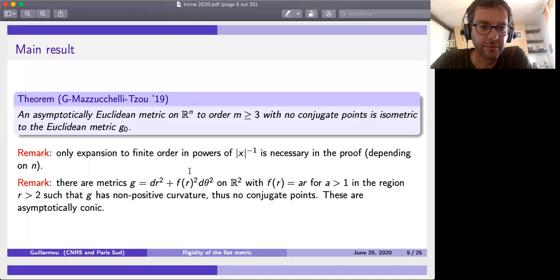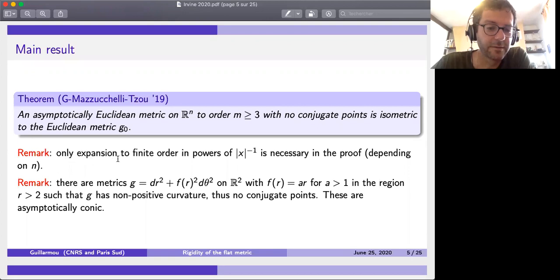It's a kind of rigidity. It means you cannot have a metric which looks like Euclidean space near infinity and which has no conjugate point. So any time you do a perturbation of Euclidean space, if at infinity it's a small perturbation, then you must create conjugate points.